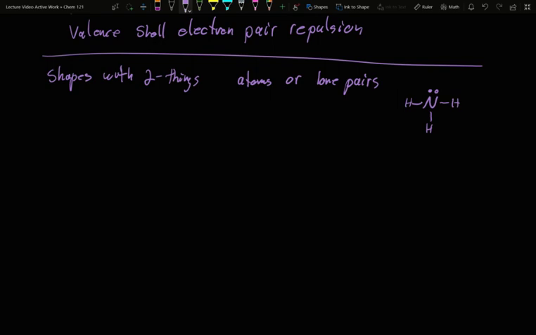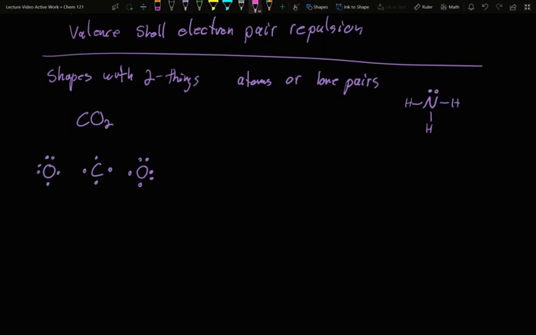So when we say two things, let's think of a molecule that has two things around its center. One of those is carbon dioxide. If we try to build the Lewis structure for this, we'll have carbon with 4, oxygen with 6, and another oxygen with 6.